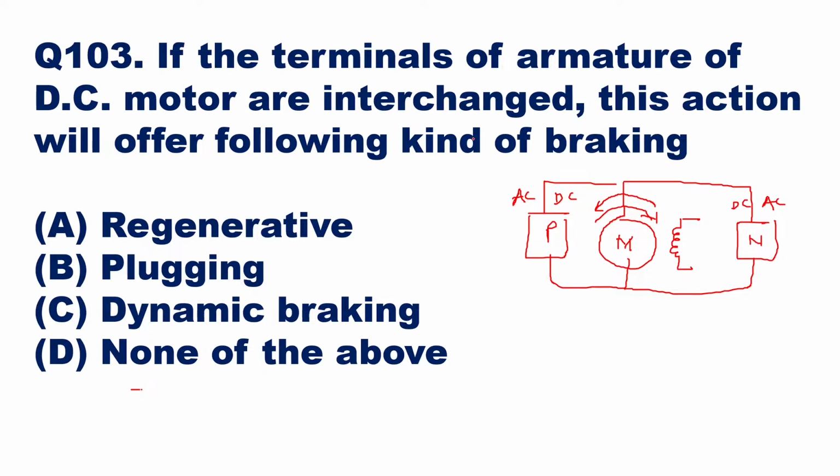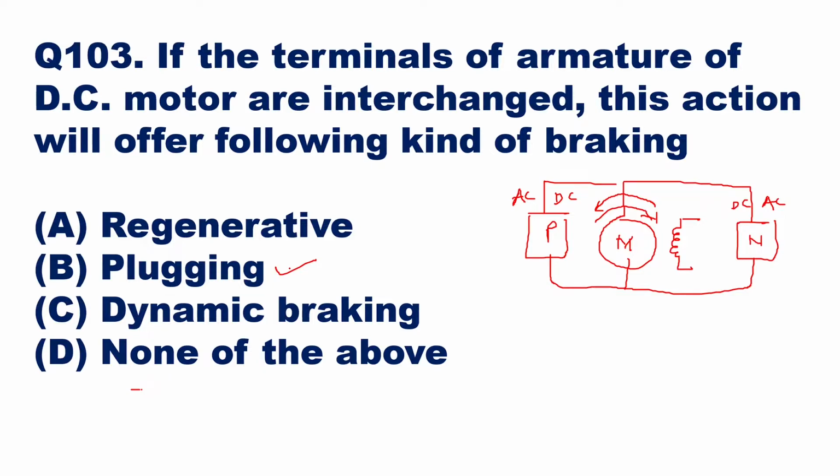The offered braking will be called plugging. That is the second option. In plugging, we have to assume that the P converter is originally on and the motor is running in clockwise direction.